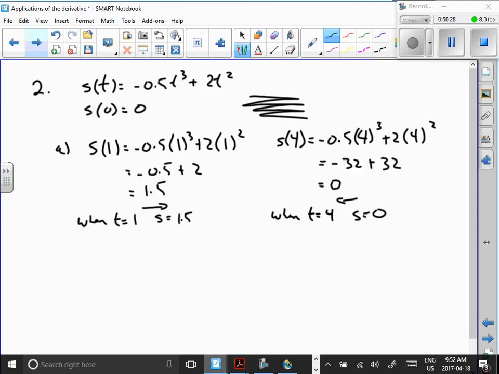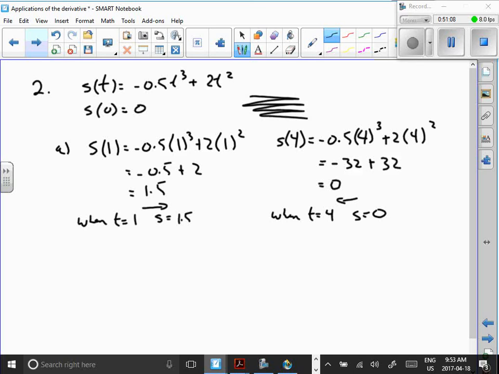Next question says, determine the velocity of the particle at t equals 3 and t equals 5. The velocity is the instantaneous rate of change in position. That means instantaneous velocity, at that instant.